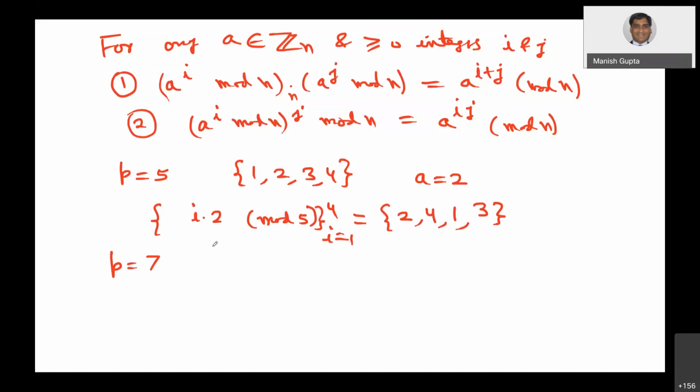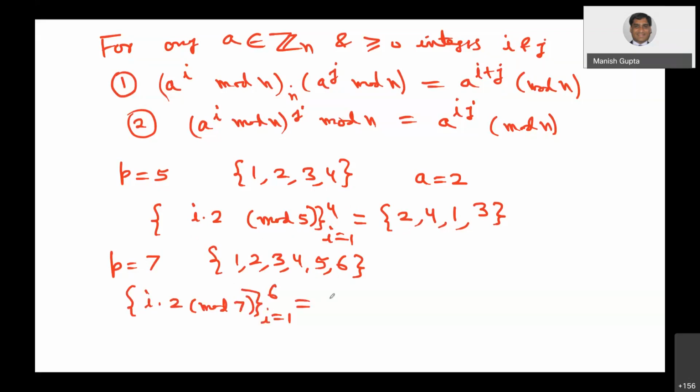p is equal to 7. Write down the numbers 1, 2, 3, 4, 5, 6. Then consider i into 2 mod 7, for i equal to 1 to 6. Again, a is equal to 2 here.